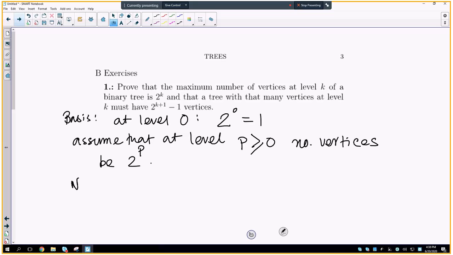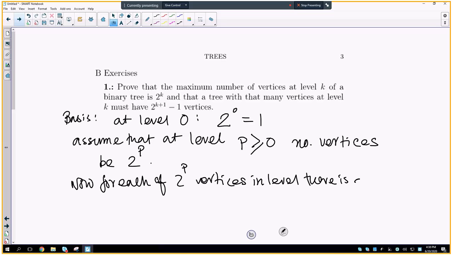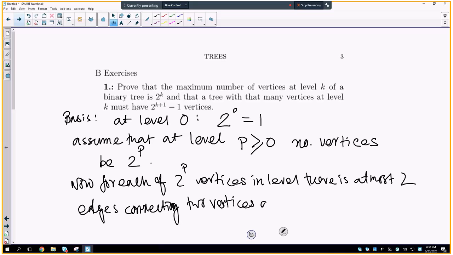So now, for each of these 2 to the power p vertices in level p, there are at most 2 edges connecting to 2 vertices at level p plus 1.